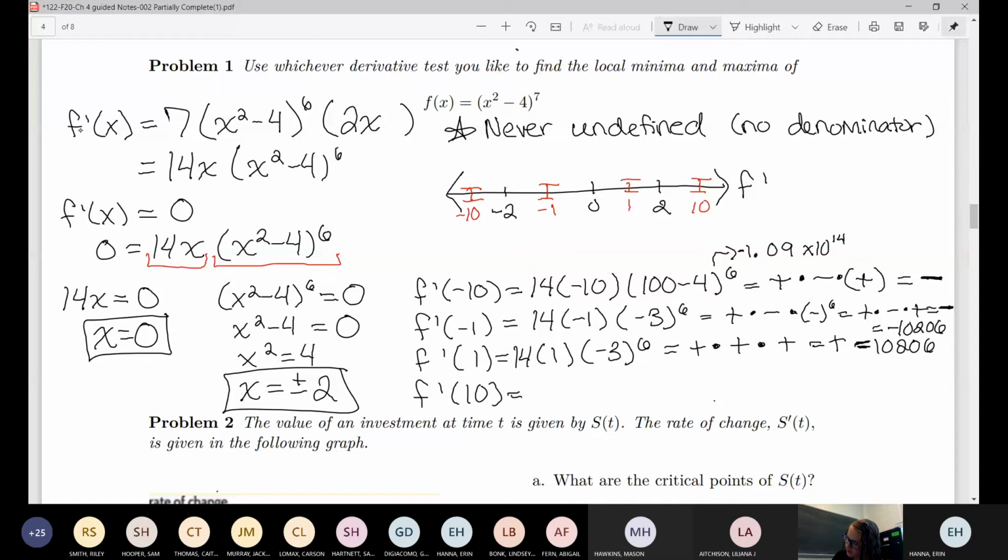And plugging in positive 10, 14 times 10, 100 minus 4 to the 6th would give us a positive times a positive times a positive. So a positive, and I'm pretty sure this would be positive 1.09 times 10 to the 4th, but let me triple check.